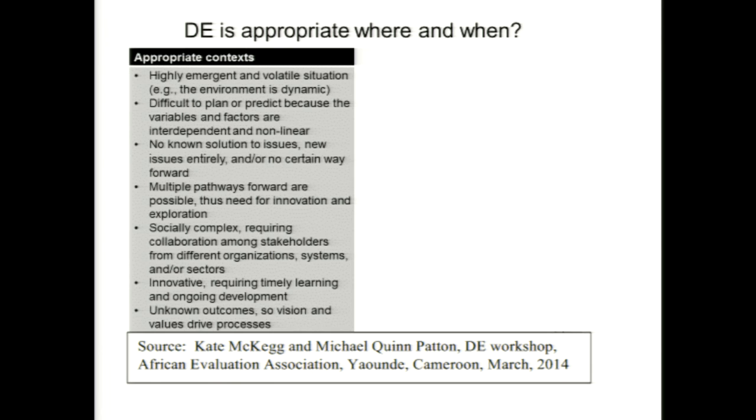It's socially complex, requiring collaboration, sometimes among different stakeholders in different sectors. It's innovative, you're innovating, your program is innovating. It's not just applying known solutions to a situation, you're actually innovating. And there are unknown outcomes. So the vision and values drive the process more than, I know that I'm going to reduce emergency room visits.